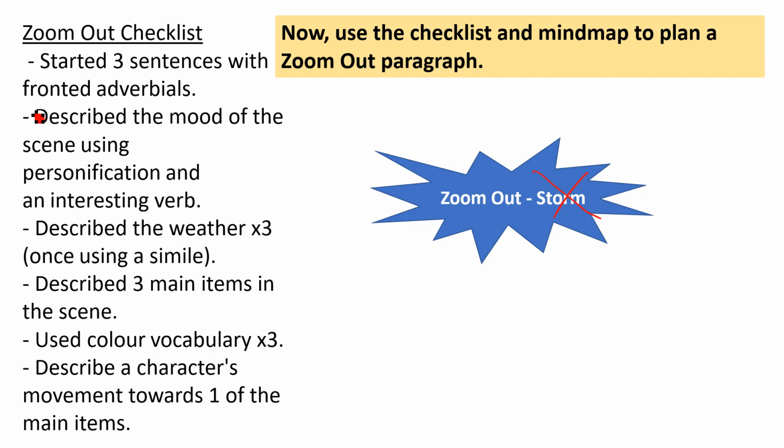This is the first sentence of our paragraph. So I need to describe the mood of the scene using personification and an interesting verb. So in the image, I saw the big wave coming over the train. So I can imagine that the mood would be kind of tense, or full of fear.